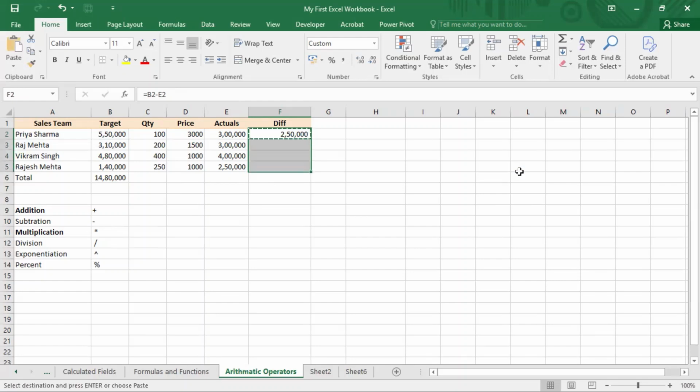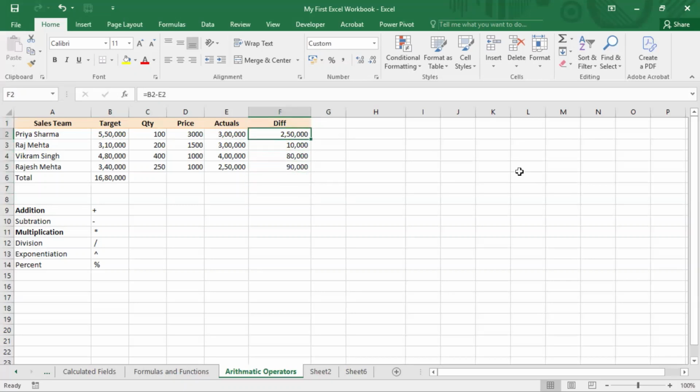If I drag this down, it will give me the amount that I'm supposed to cover, as I am falling short of this much amount. I was supposed to do 5 lakh 50, but I did 3 lakhs. So there is a difference of 2 lakh 50,000, which I have to achieve in the sales.